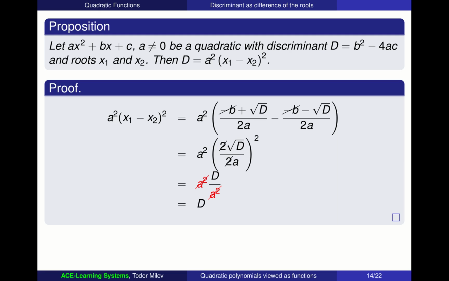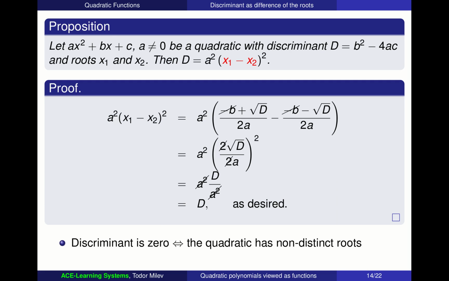So let's recap. We demonstrated with a series of equivalent transformations that a squared times the difference of the two roots squared is equal to the discriminant, as desired. This shows that the discriminant of a quadratic equation is 0 if and only if the quadratic has non-distinct roots.